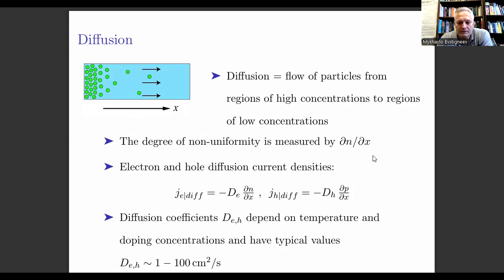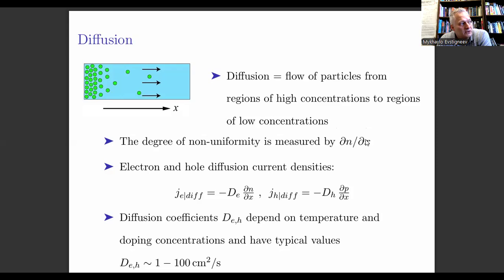It says that the diffusive particle current density, or the flux density, is proportional to a parameter that measures the non-uniformity of particle distribution in space. And the degree of this non-uniformity is simply the gradient of the particle concentration.